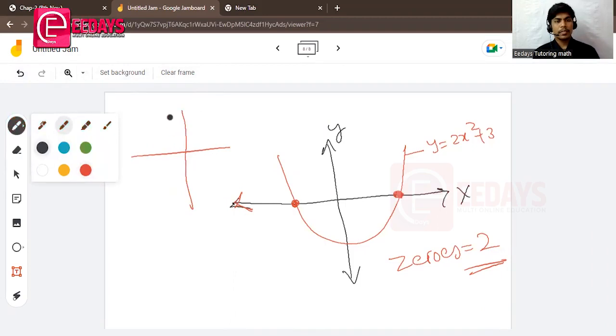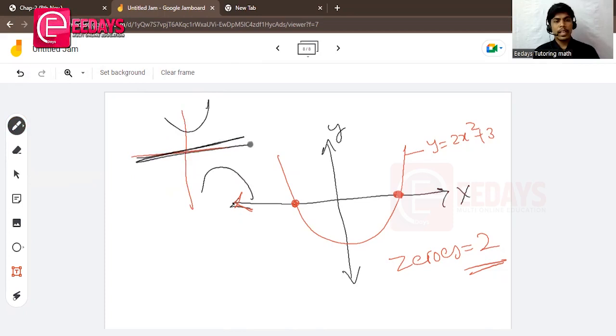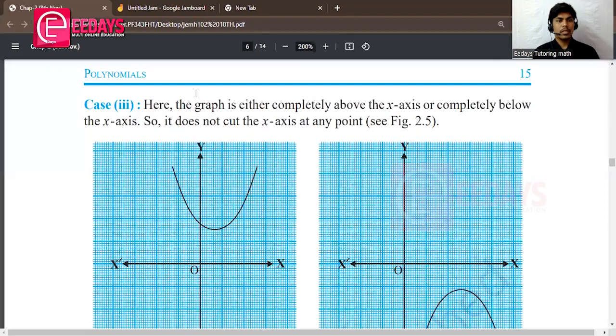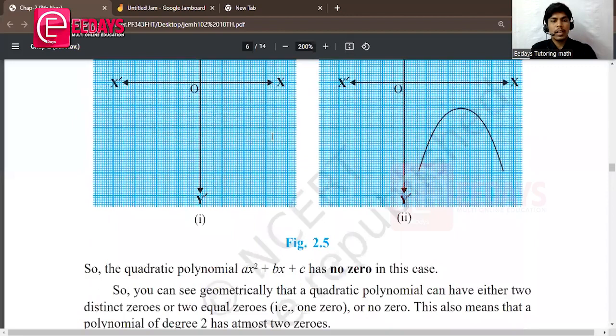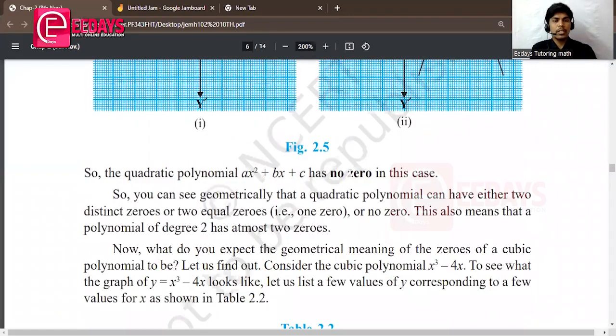Here the graph looks like this or else like this. It is nowhere touching the x-axis. This is the x-axis. So that's why the number of zeros is 0. I hope you understand. It does not cut the x-axis at any point. The number of zeros you have to take is 0.